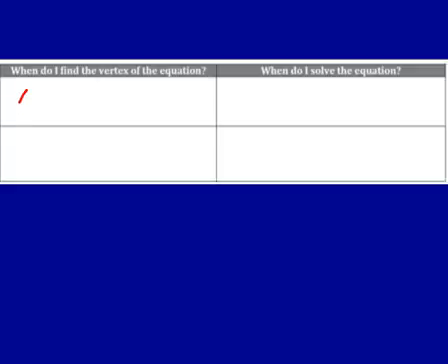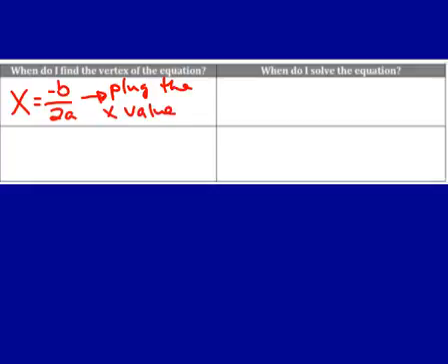First off, the vertex is going to be negative b over 2a. So you just need the b and the 2a. That's going to give you the x, or the time, or whatever it may be, but then you have to plug the x value in to find y.